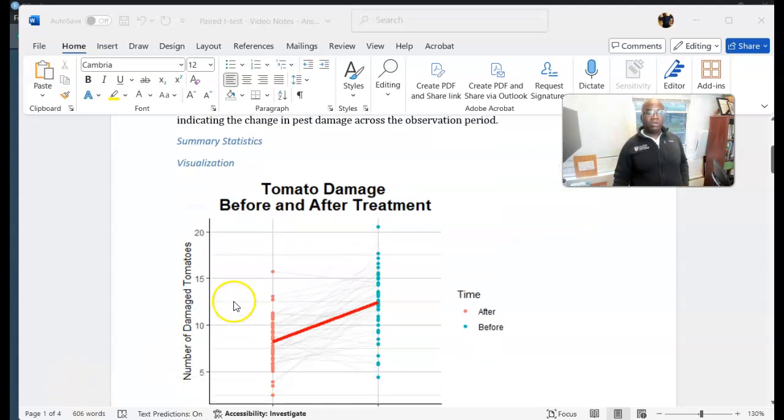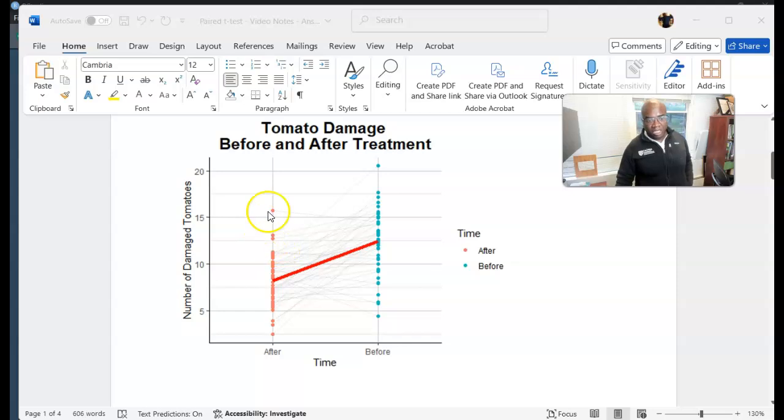And so in terms of our visualization, I would say this is a dot plot. Each point denotes a plot where tomatoes are being grown, and each point has a connection to the before point in terms of the number of damaged tomatoes.